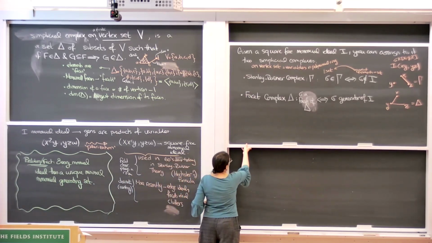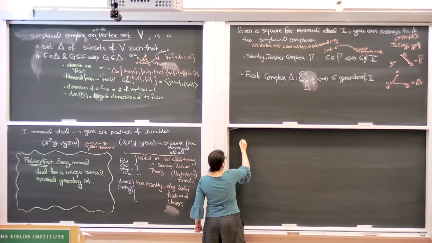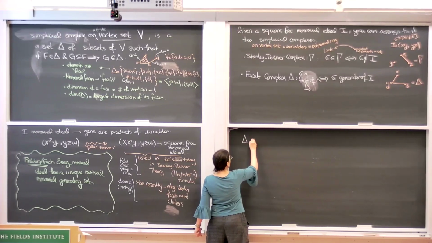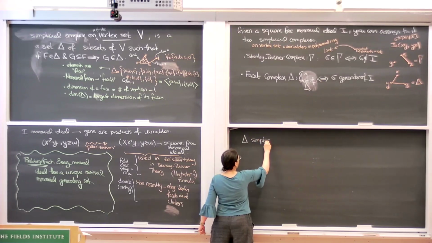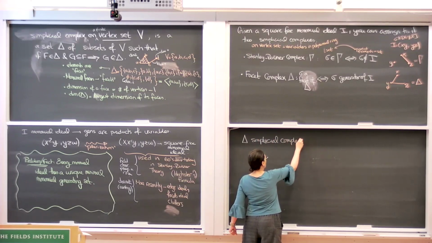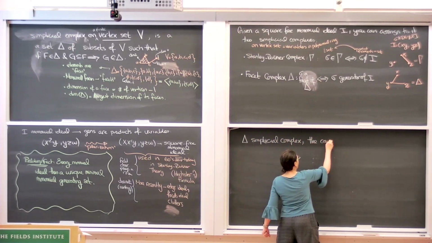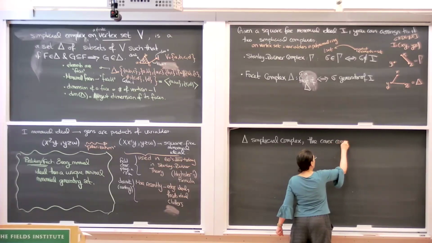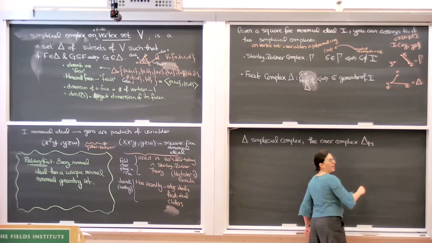So if delta is a simplicial complex, the cover complex, I call this delta M, but I have no idea why.